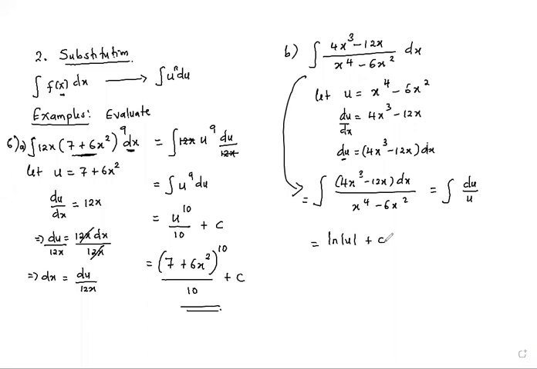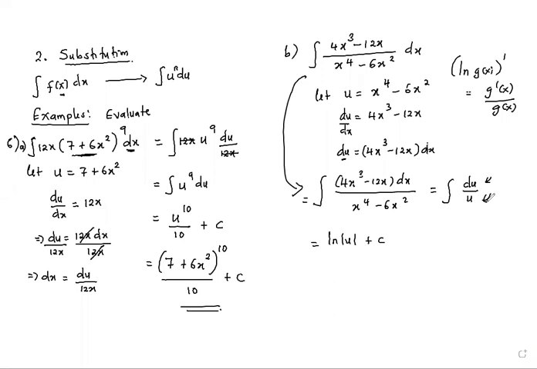Why are we saying ln? Because if you're differentiating ln of g(x), you're going to get the derivative of g divided by g itself. So when we have du, the derivative of u, divided by u, it means initially, before it was differentiated, it was ln u.